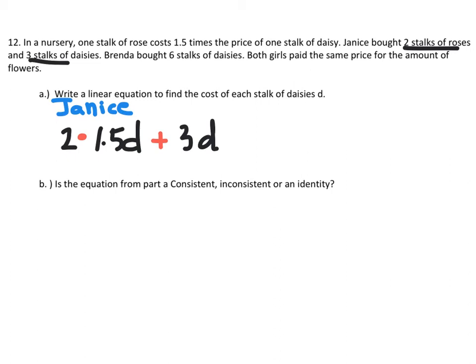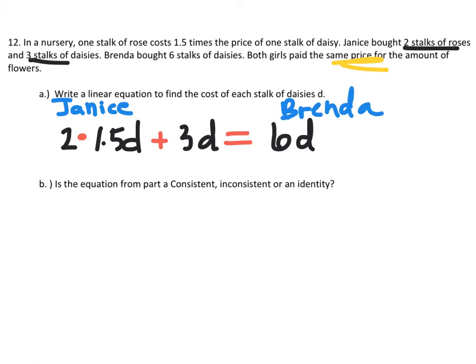Brenda just bought 6 stalks of daisies. So let's put Brenda on the other side. So Brenda would just be 6 daisies. Both girls paid the same amount for the flowers. That's why I set them equal to each other.